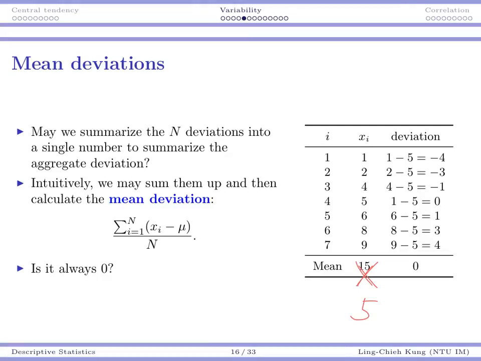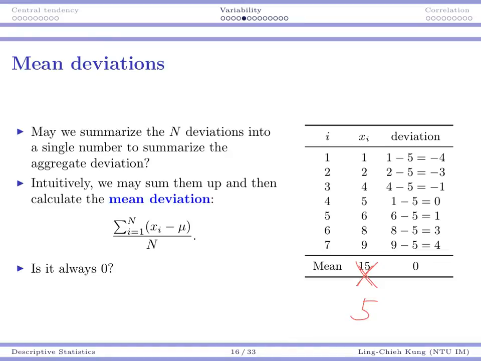If you think about the definition of mean again, then you somehow should be able to convince yourself that if we define mean deviation in this way, it will always be 0, right? Because mu is calculated with some concepts of average, and you do the deviations based on that average, and then you sum them up.